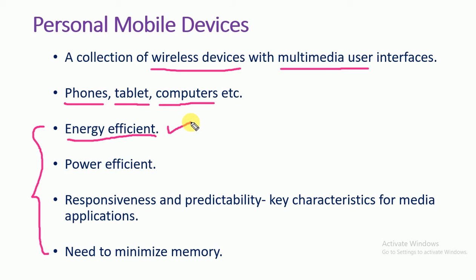So with that charging, we get some power, and this power is converted into energy when it is connected with a particular task. So more tasks can be done using very little energy. That is the major property, because we have only a very small screen.